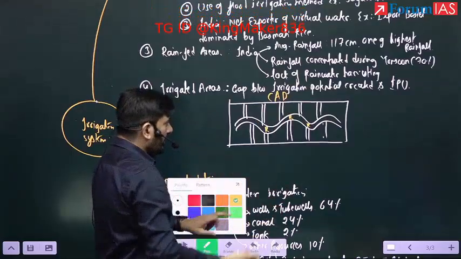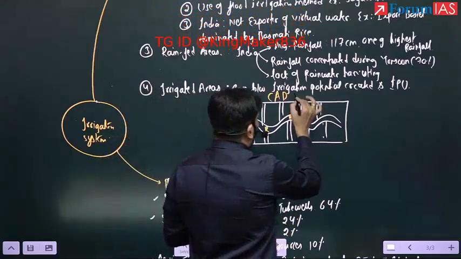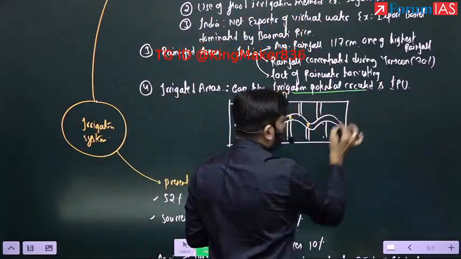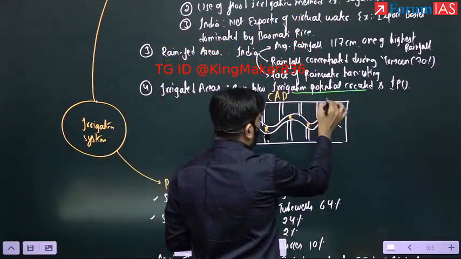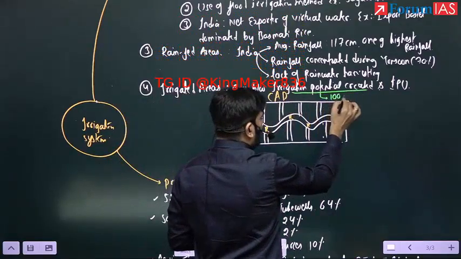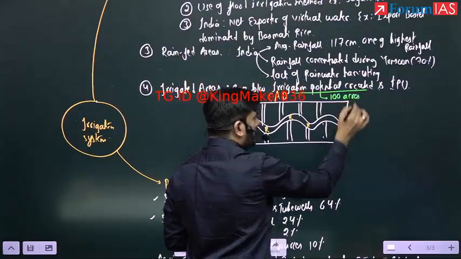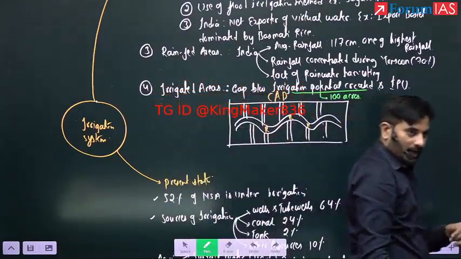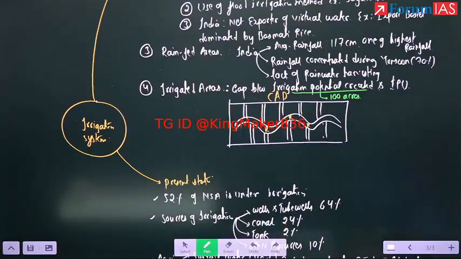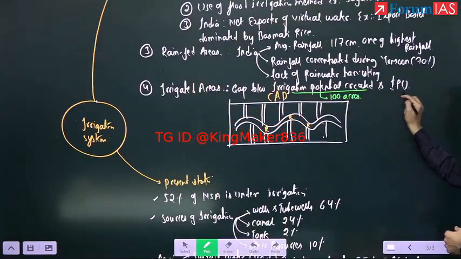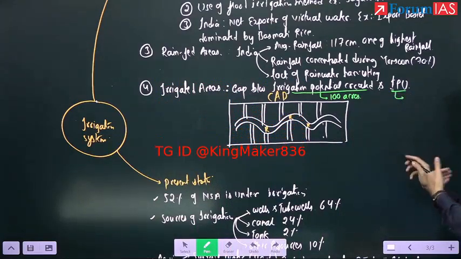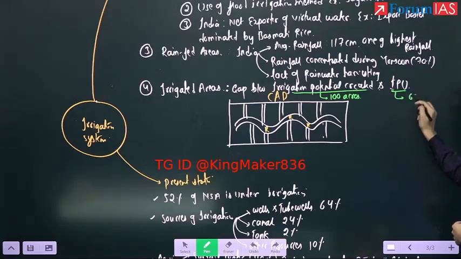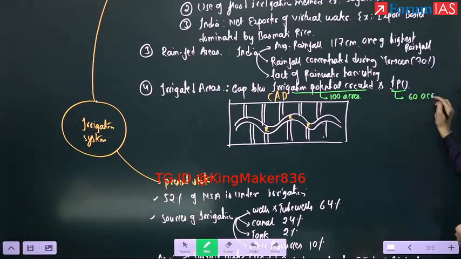Once we do the command area development, let's say irrigation potential created is we can irrigate, for example, 100 acres. Irrigation potential utilized, it might be that we are right now irrigating only 60 acres.